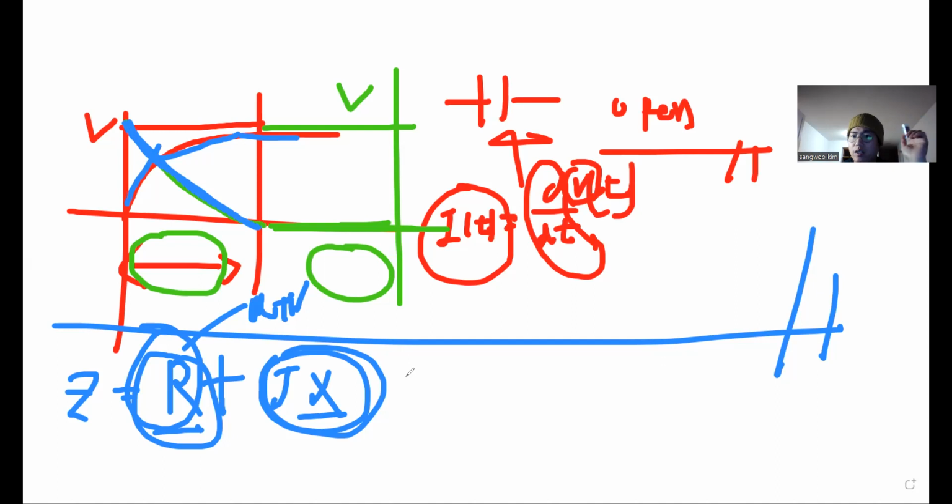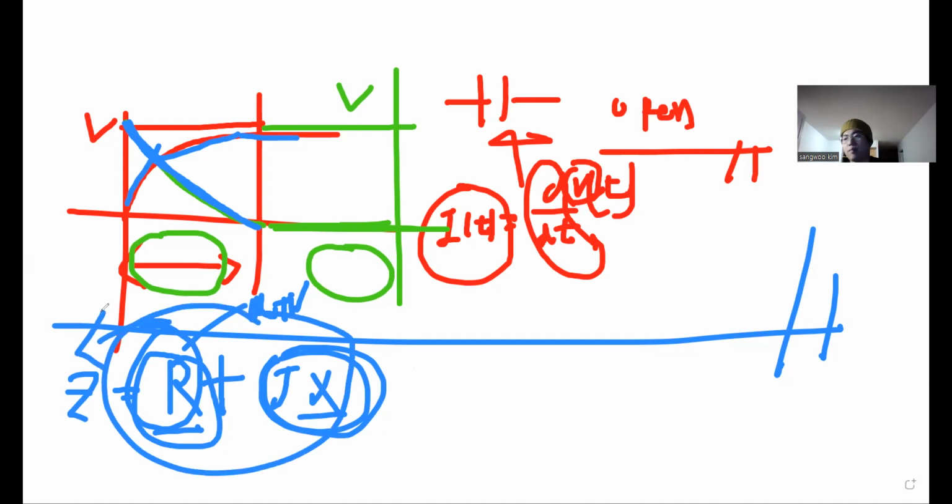Electrically, the loss is by heat, right? But instead, with reactance, I gave you money, you store it, you don't use it, and you return it back. We say this is reactive power, and this combination we call impedance, right?